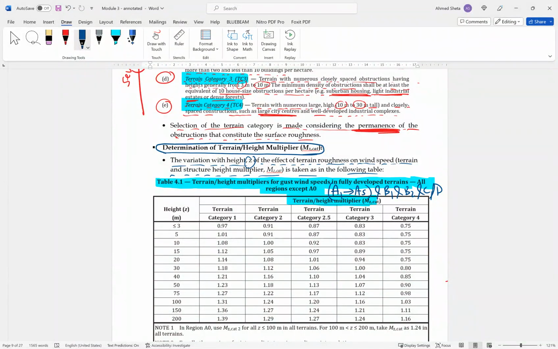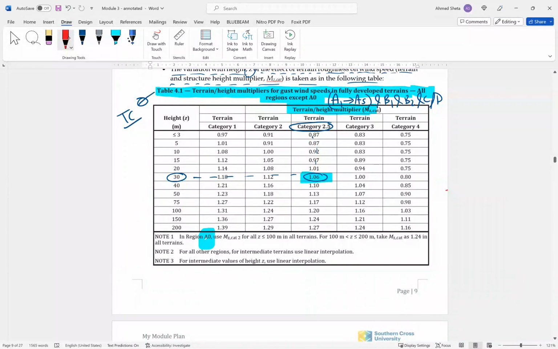So this parameter again depends on TC. Let's say we have TC equal to 2.5 and the height of the building is 30 meters, so MZCat will be 1.06.